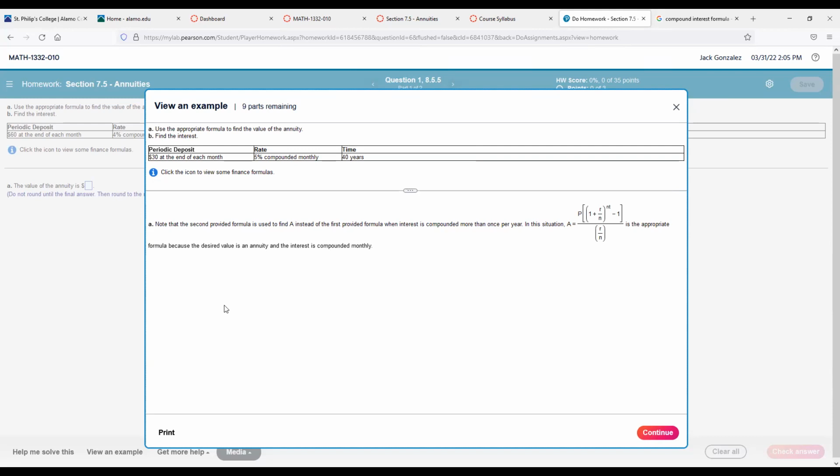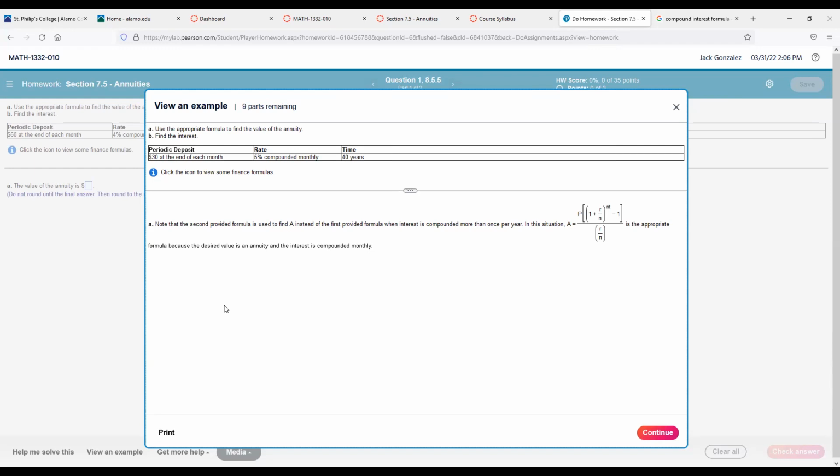Now, what is N? T is time, or no, N is the number of times we compound in 1 year, right?